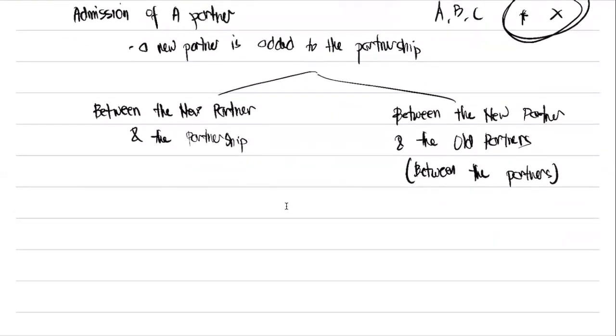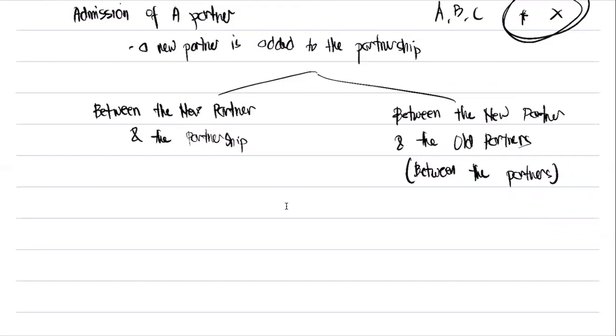Okay, so in admission of a partner, we have two types. It's either between the new partner and the partnership. So it is a transaction between a partner and the partnership. And then we also have between the new partner and the old partner. So we need to look into here your transaction between now your new partner together with ABC only.